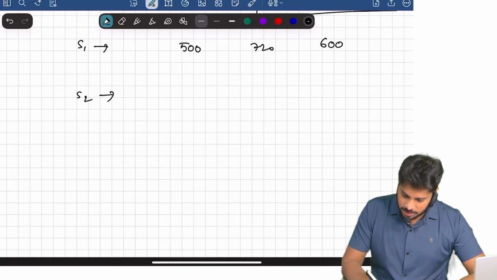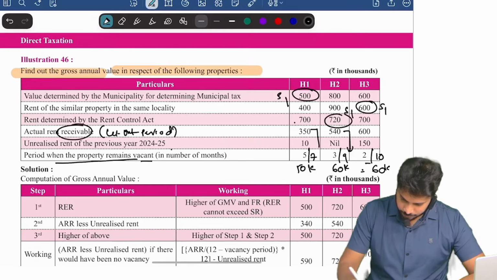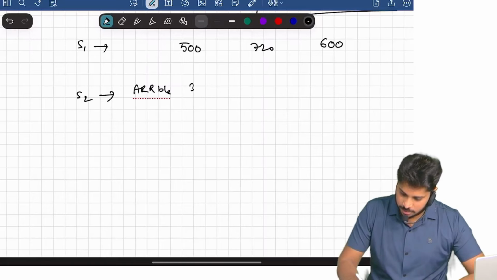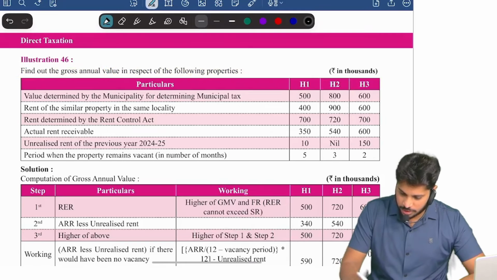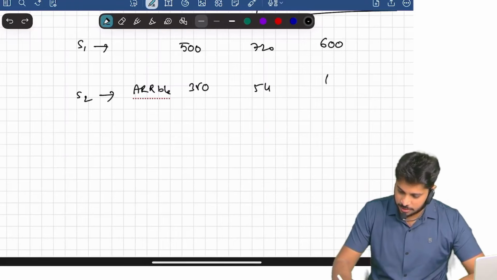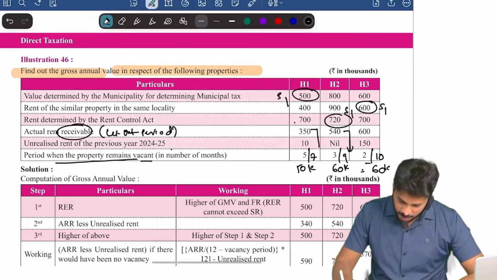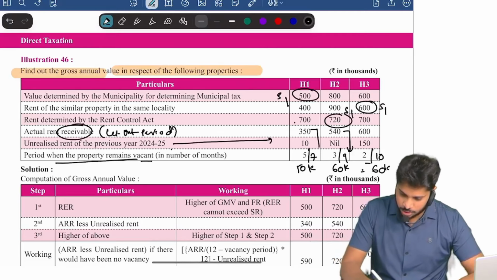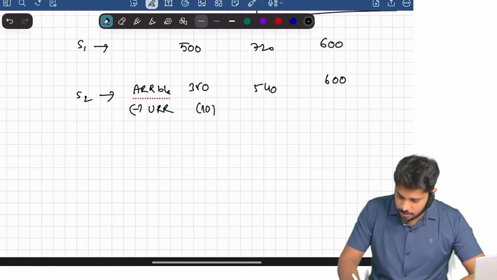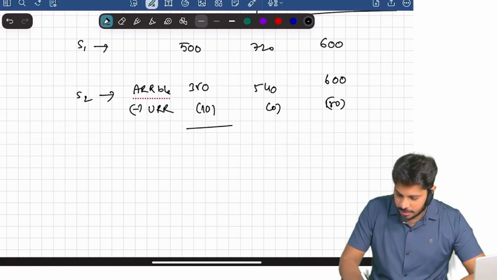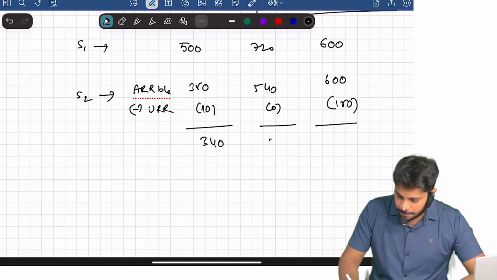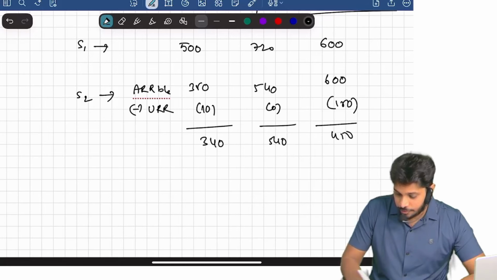Then step number 2, actual rent receivable, they gave the answer 350, 540, 600. Minus unrealized rent for the same year, 100, 0, 150. So 340, 540, 450. This is what actual rent received. Step number 3.